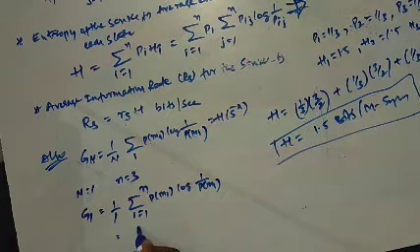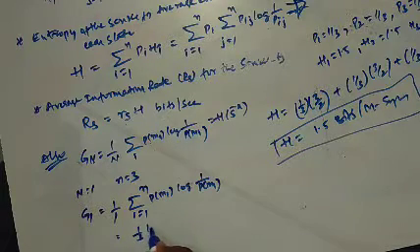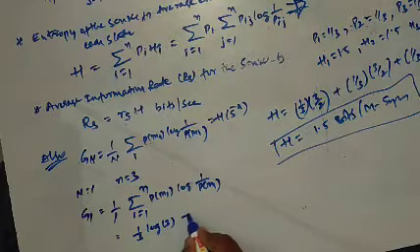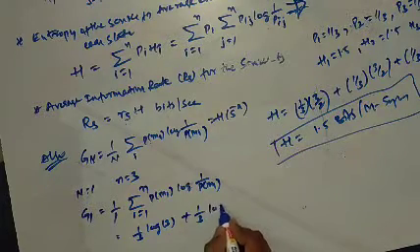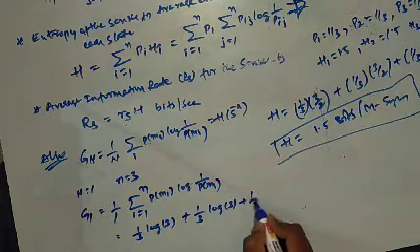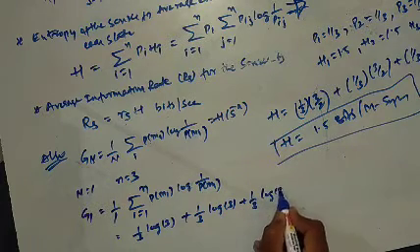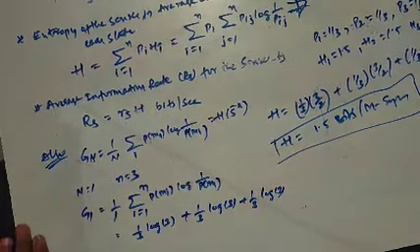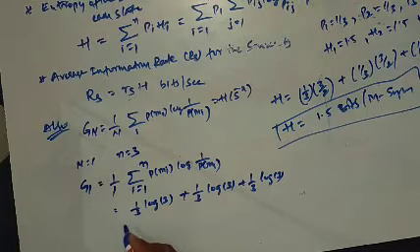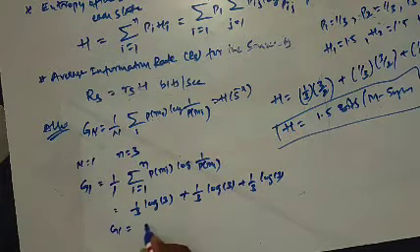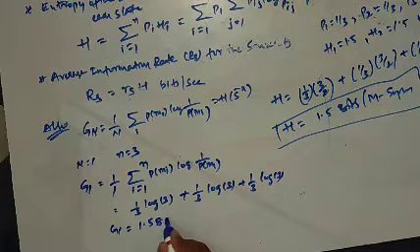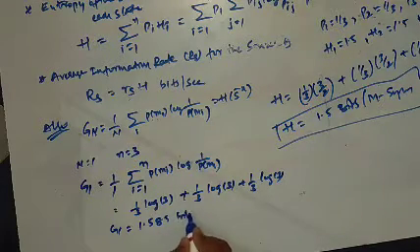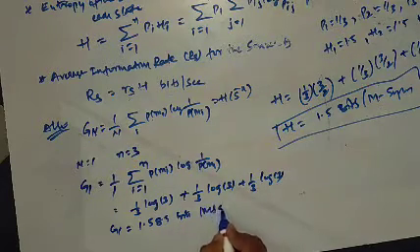This is 1 by 3 times the log of 3 plus 1 by 3 times the log of 3 plus 1 by 3 times the log of 3, where each term is P of i. The answer is G1 equal to 1.585 bits per message symbol.